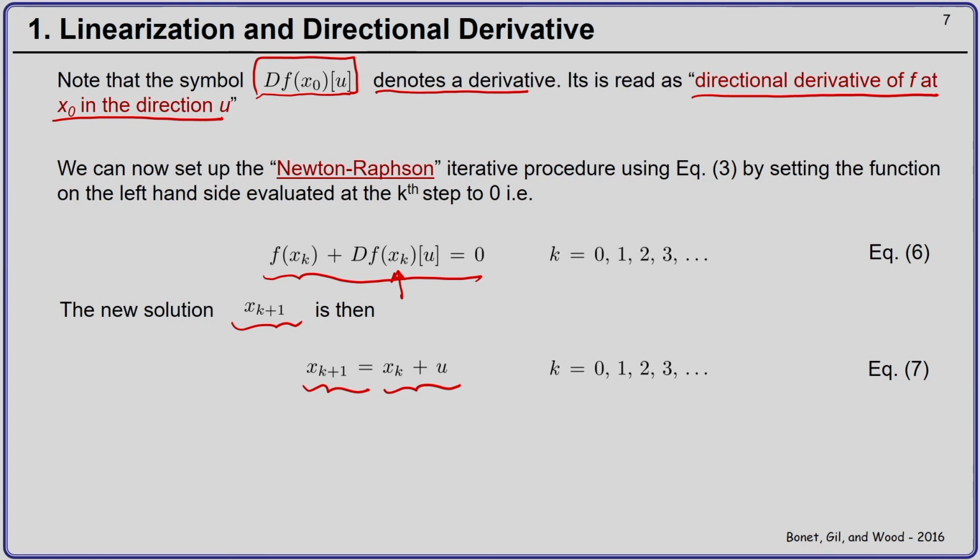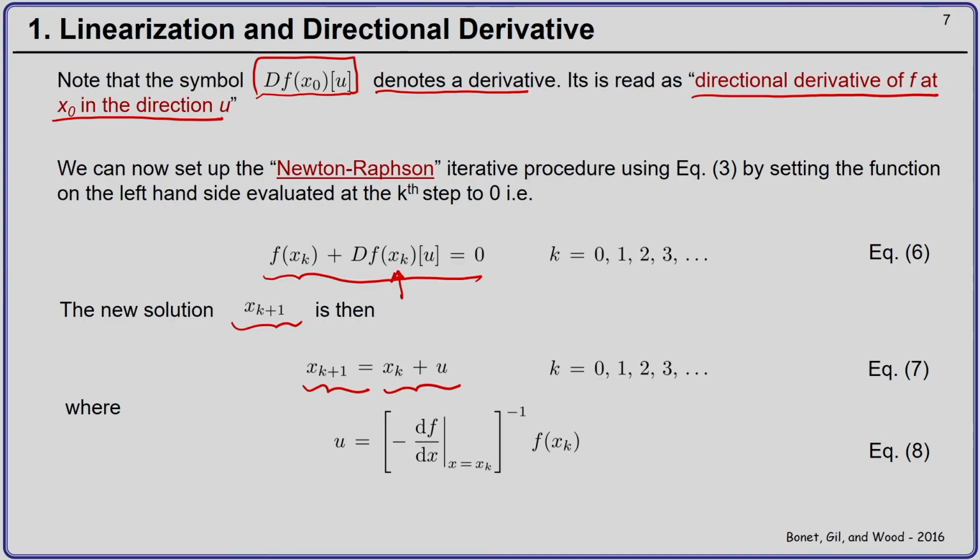So, what do we do? We start with k equal to 0, you have x0. Now you compute u using this formula, which you can obtain from equation number 3. So, u will be minus of df by dx evaluated at x equal to xk, raised to power minus 1.